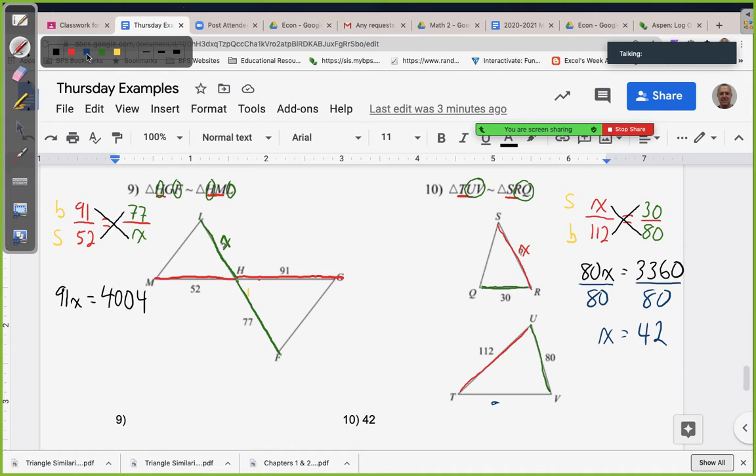And all I have to do to finish this up, divide by 91. X equals 44.